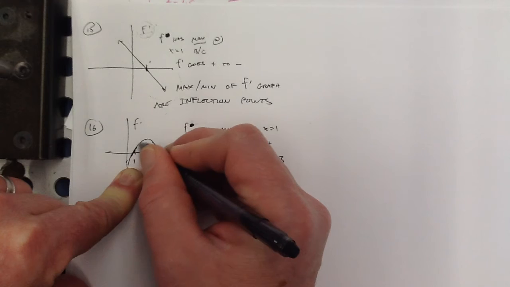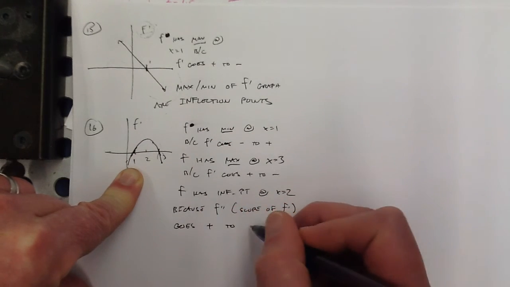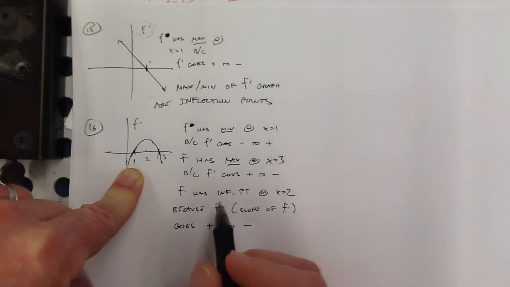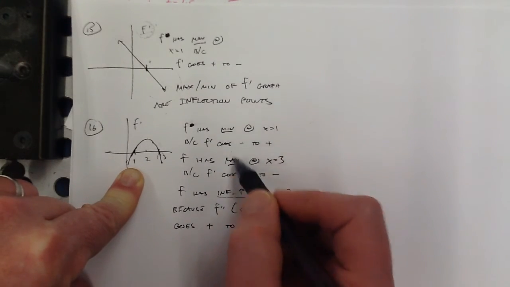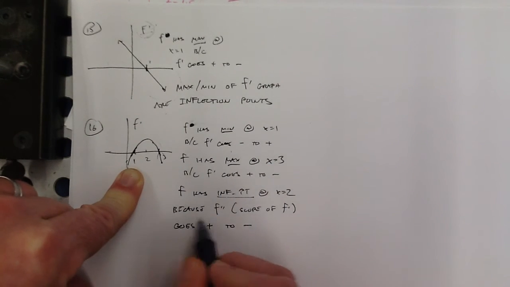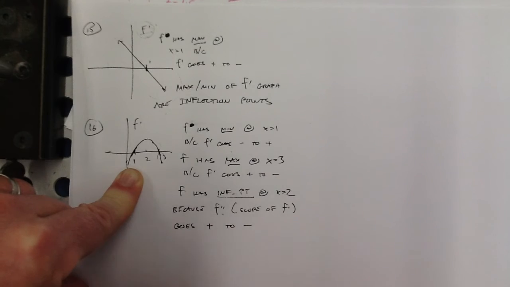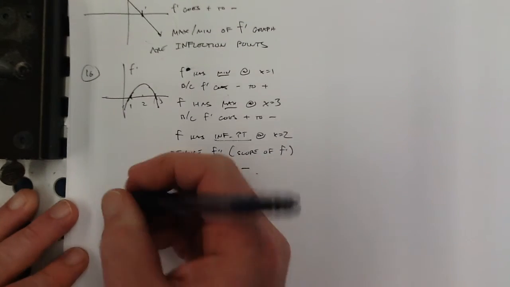Those slopes go from being positive to negative. Because it's an inflection point, it doesn't matter if it's going positive to negative or negative to positive. You can just say because f double prime changes sign.